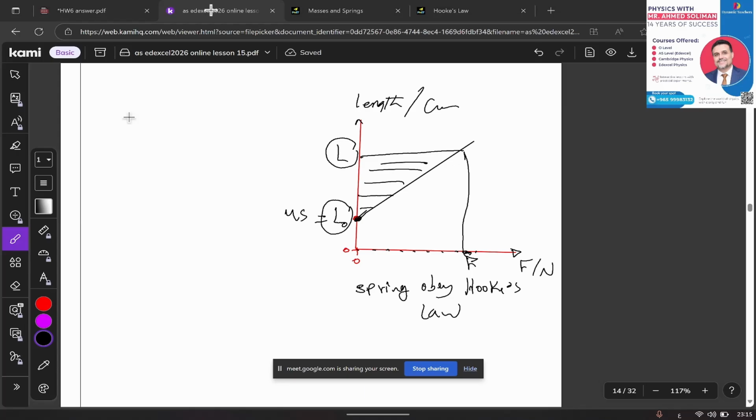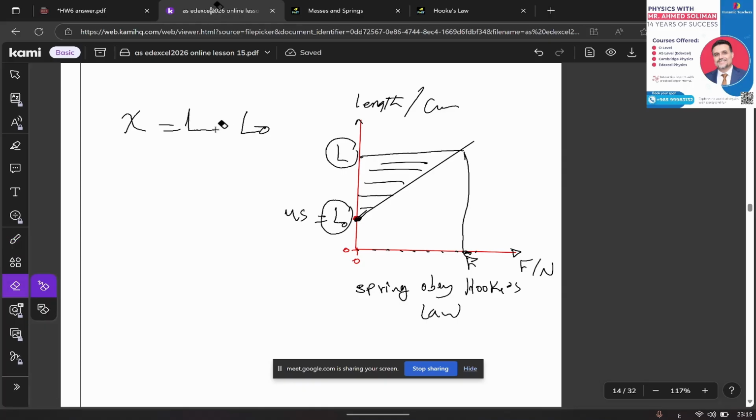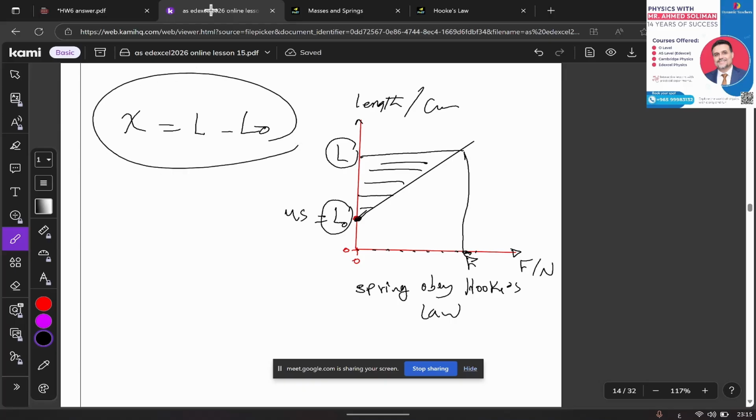So we can add this equation: extension equals L minus L0, stretched length minus original length.